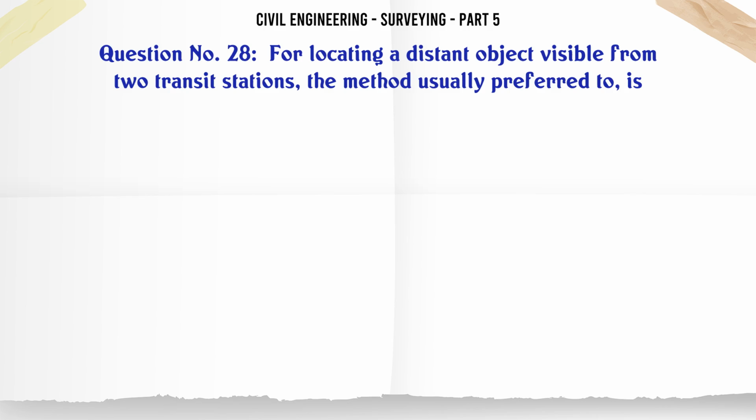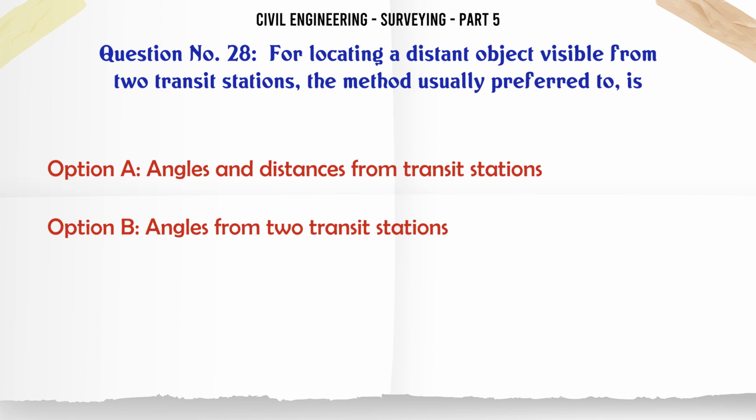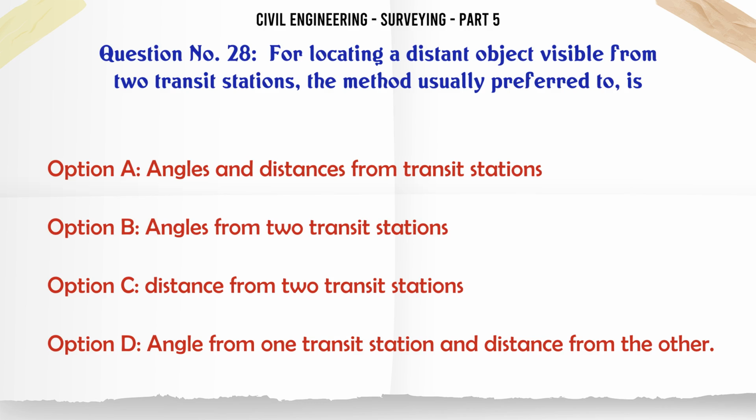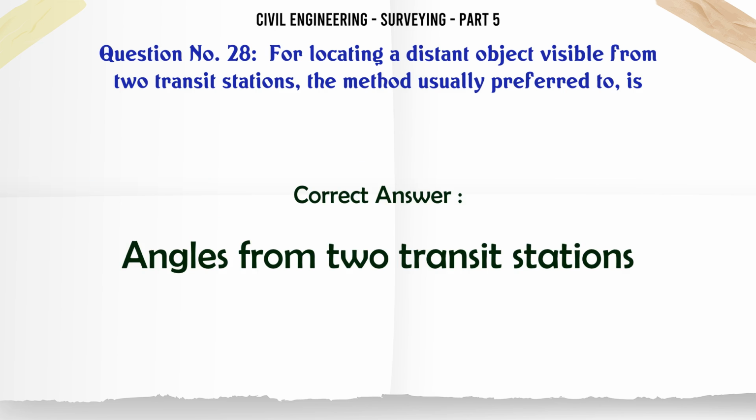For locating a distant object visible from two transit stations, the method usually preferred is A, angles and distances from transit stations, B, angles from two transit stations, C, distance from two transit stations, D, angle from one transit station and distance from the other. The correct answer is angles from two transit stations.